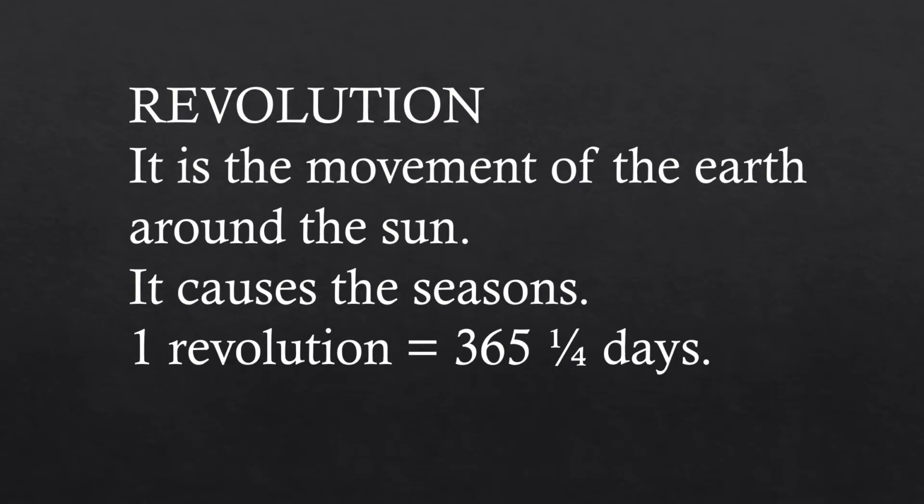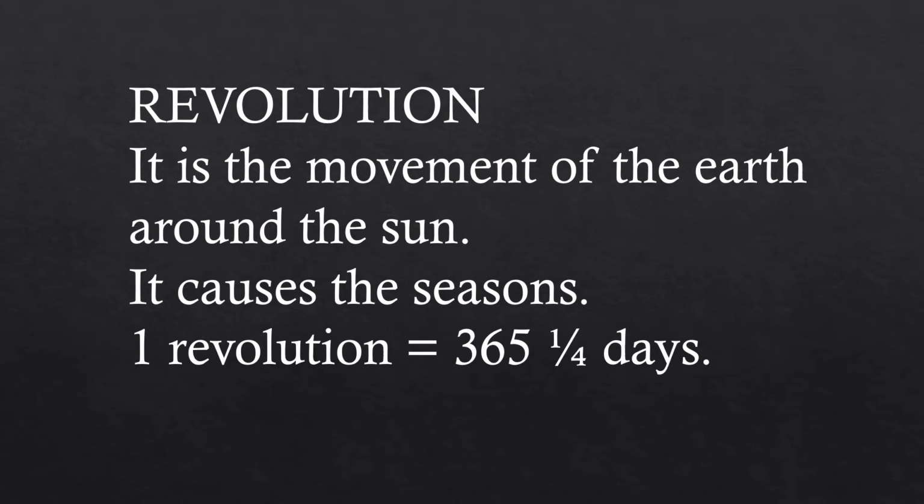Revolution is the movement of the earth around the sun. It causes seasons. The earth spins on its axis. It also orbits or revolves around the sun. This movement is called revolution.